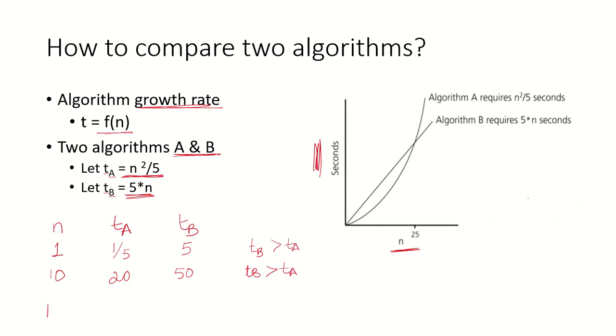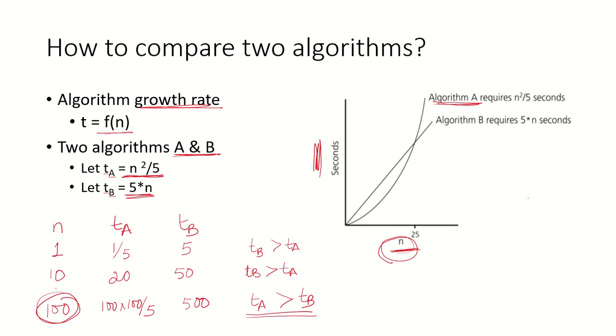What if the size of n becomes 100? Now this is going to be 100 into 100 by 5, which is 2000, and Tb is just going to be 500. Now we can start seeing that Ta is more than Tb. So as n is increasing with higher values of n, this is how algorithm A is behaving. It is requiring more time.